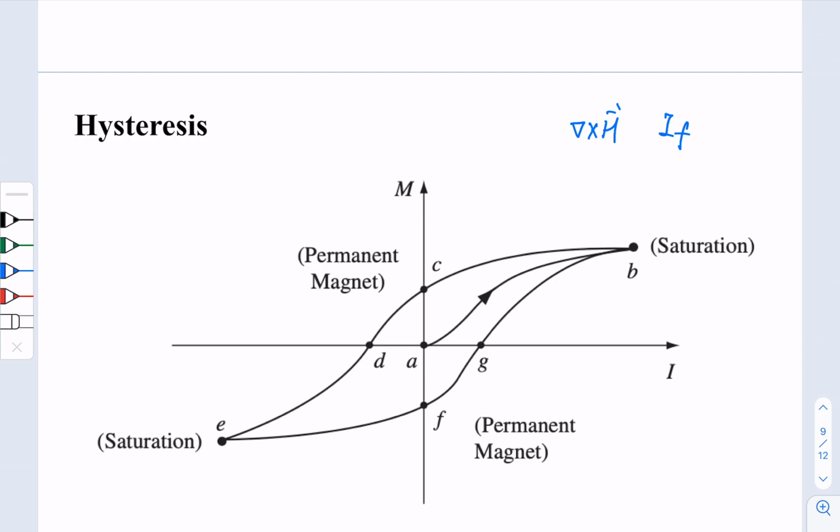But there are ways to go back to this point. That is, if you heat the magnet up until it transitions to the paramagnetic regime, then you can demagnetize your magnet.